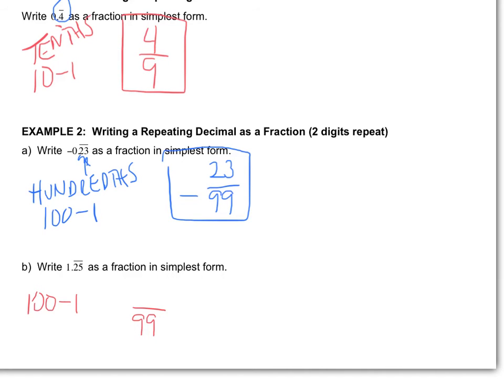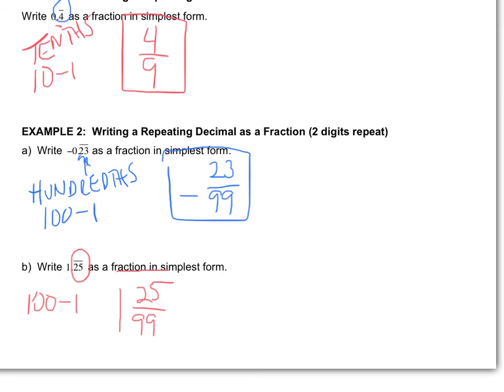Now remember that the repeating pattern is under the repeating bar, which is the 25. But don't forget on this one, we also have that whole number in the front. We need to make sure that we have that with it. So when I look at the fraction 25/99, there's nothing that I can take out of either of those, so 1 and 25/99 is okay. That's not a bad answer for us.